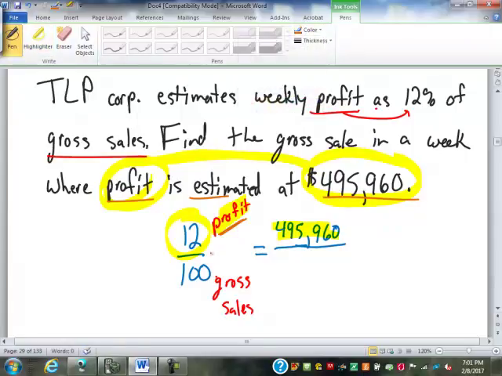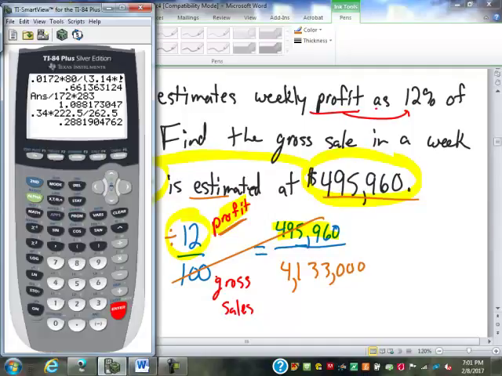So now we'll cross multiply. 100 times 495, 49,500 divided by 12. 4,125.